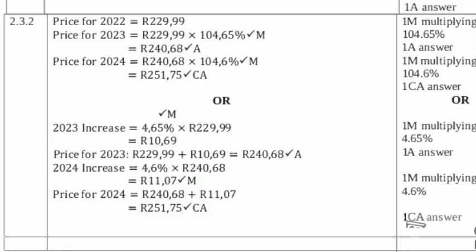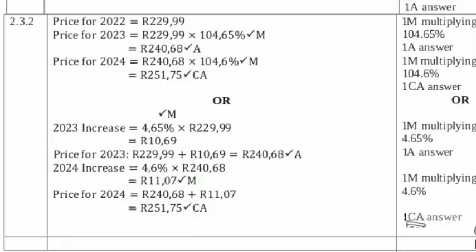Price for 2023, we are going to be using 4.65%. 229.99 multiplied by 104.65%, which equals 240.68. So the price of 2023 is 240.68.